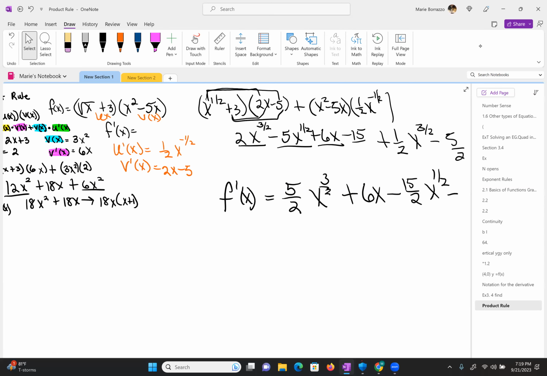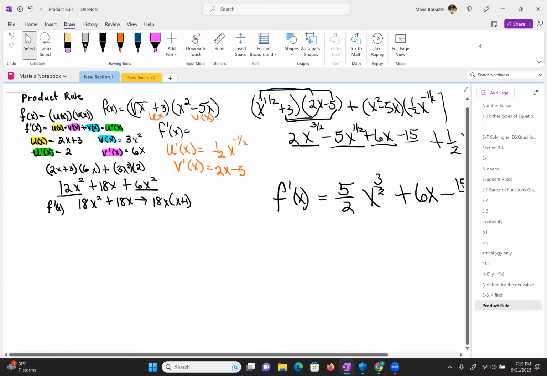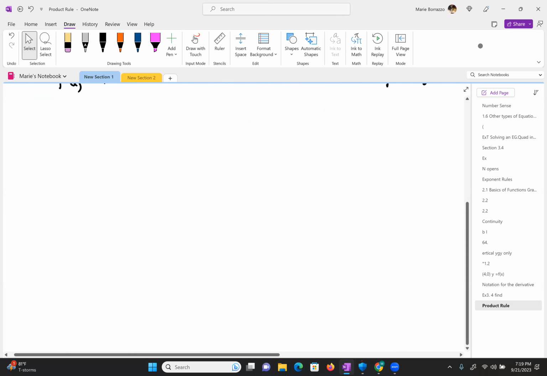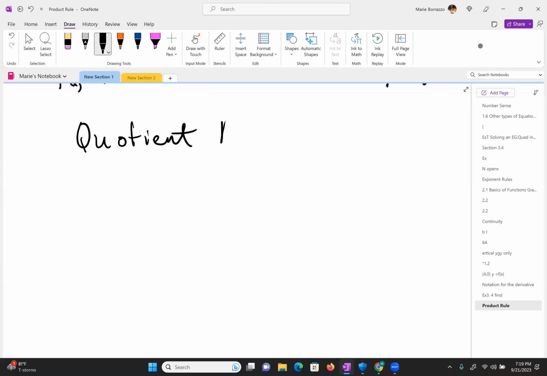Okay, I'm going to finish with quotient rule, and I'm going to keep going because if not, I'm never going to finish. Let me do quotient rule. In quotient rule, what you need to remember is that this one does have subtraction, so the order in which you put in the values makes a huge difference.